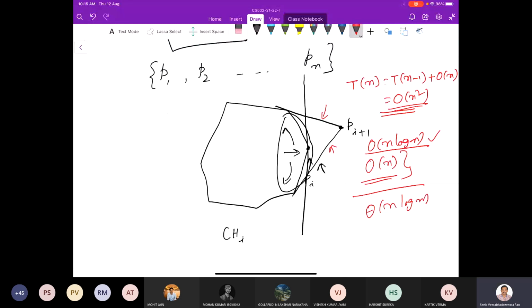Can anybody see that you can find the entire convex polygon in linear time after you sort these points by their x coordinate? We are not modifying the algorithm. The algorithm remains the incremental algorithm. The complexity analysis is changed. By doing this carefully, you will get order n time.